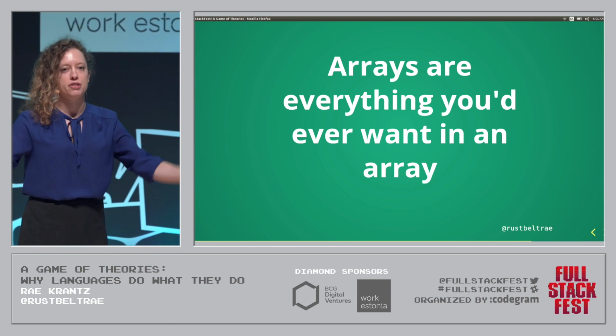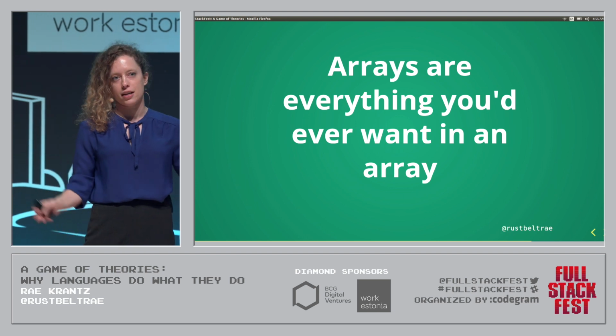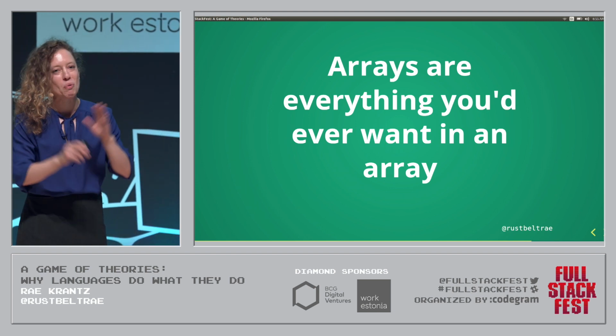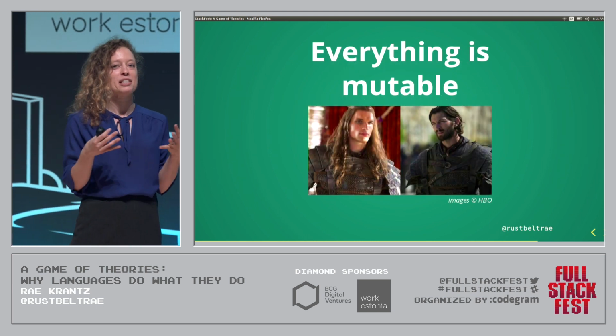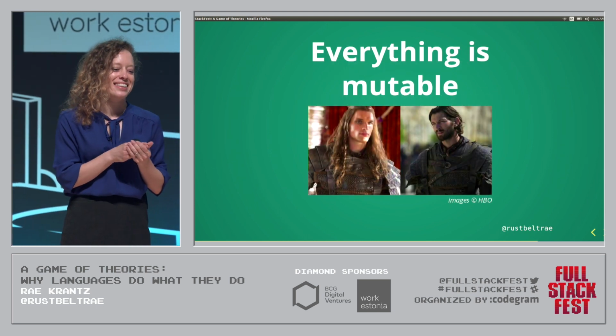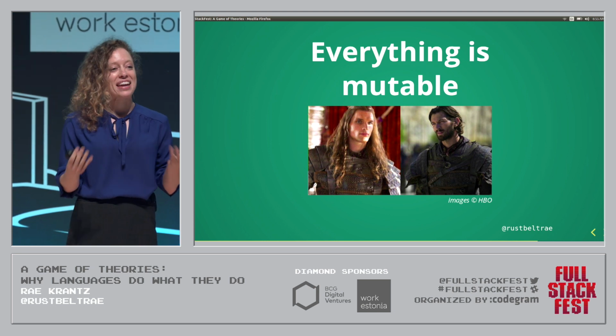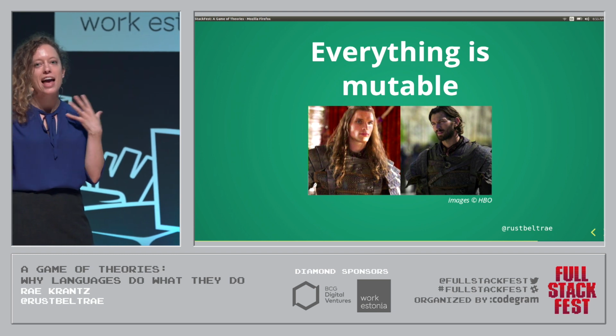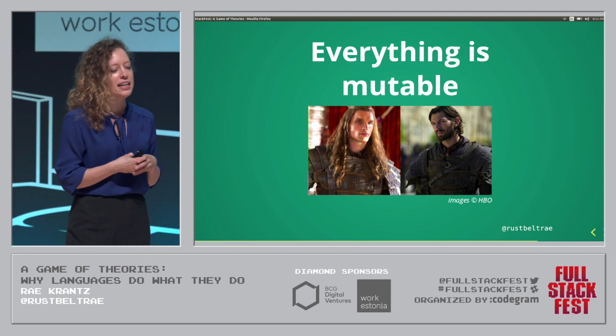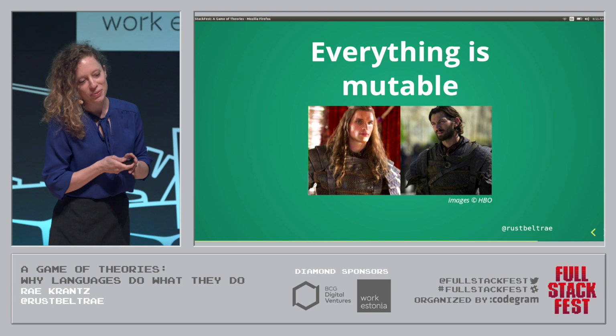Again, that flexibility of JavaScript, it doesn't care what the name says. It makes its own rules that work within the web. And another thing is that everything is mutable. Everything has to be, because the web is always changing, and you may need to change any variable at any given time to do what you need to do.